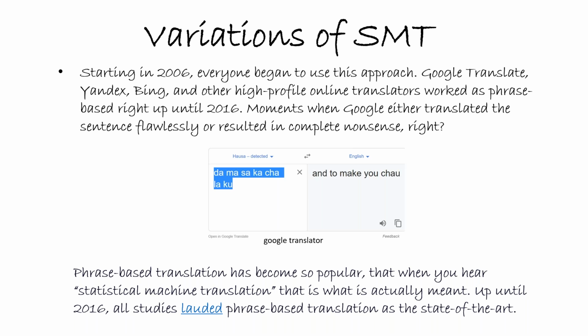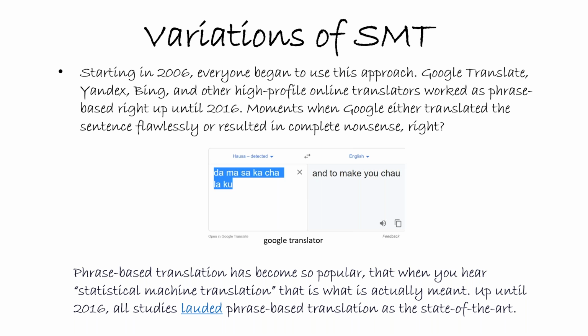Phrase-based translation became so popular. In SMT, phrase-based systems were very popular, and that is what is actually meant when we hear statistical machine translation. Whenever we talk about language translation, we think about SMT systems with phrase-based machine translation.